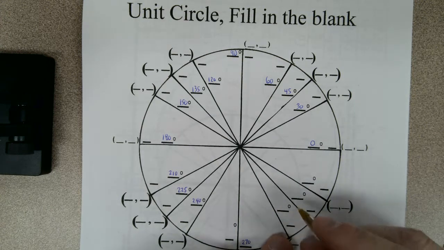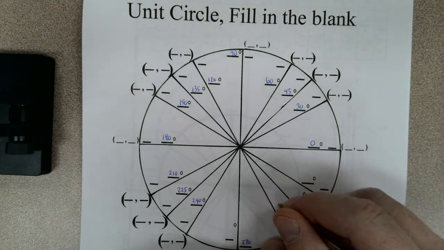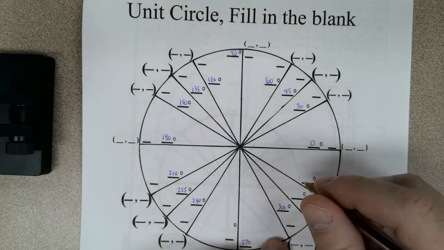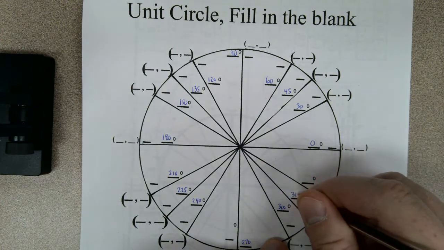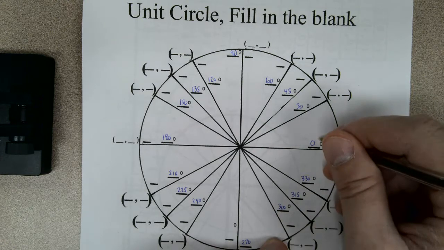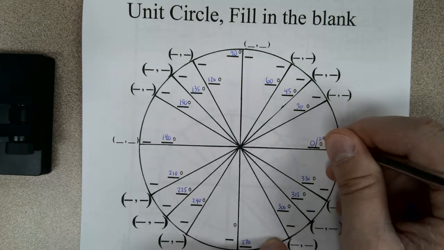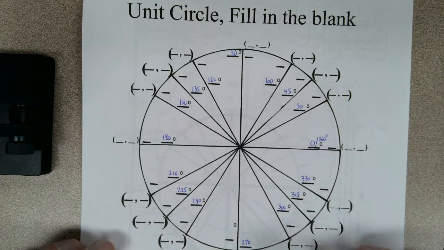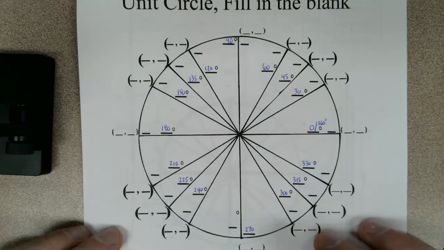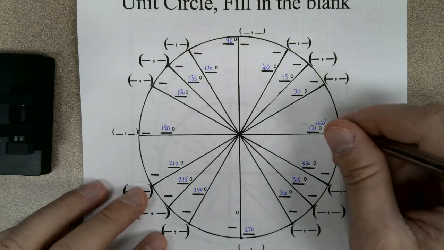Then as we go around, we're at 300, 315, 330, and then along with this being 0, this is also 360. Okay, so there's our degree measurements. Let's go ahead and do our radians.